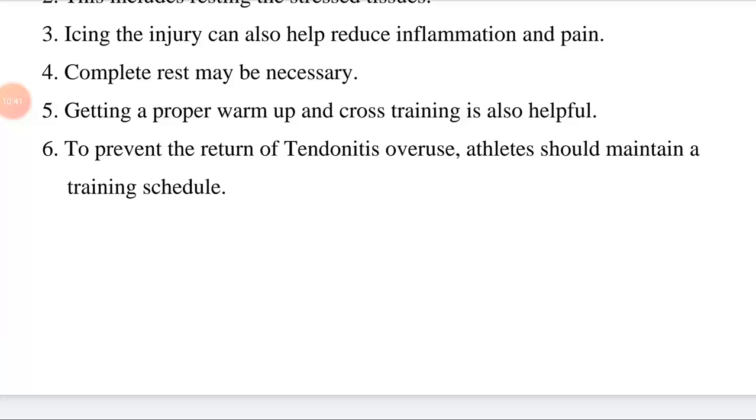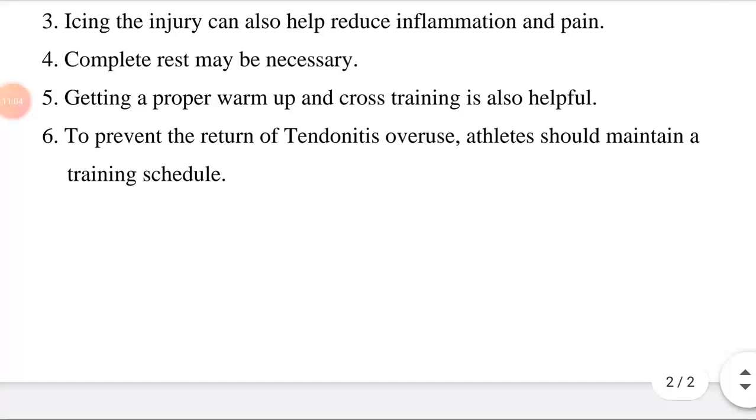Icing the injury can also help reduce inflammation and pain. Keep an ice bag on the affected part of the body. That helps to decrease swelling and the unpleasant physical sensations caused by illness or injury.